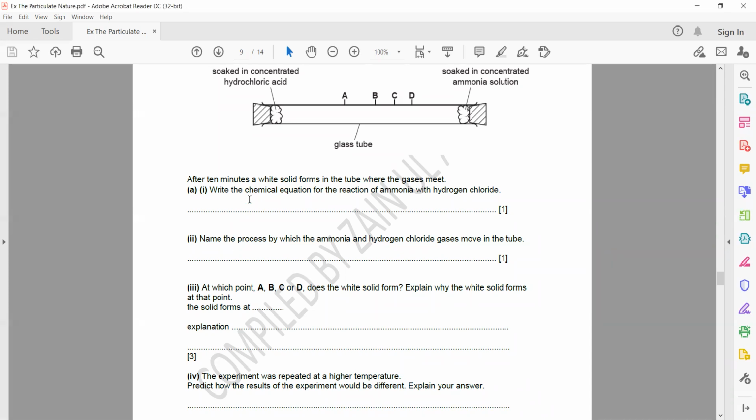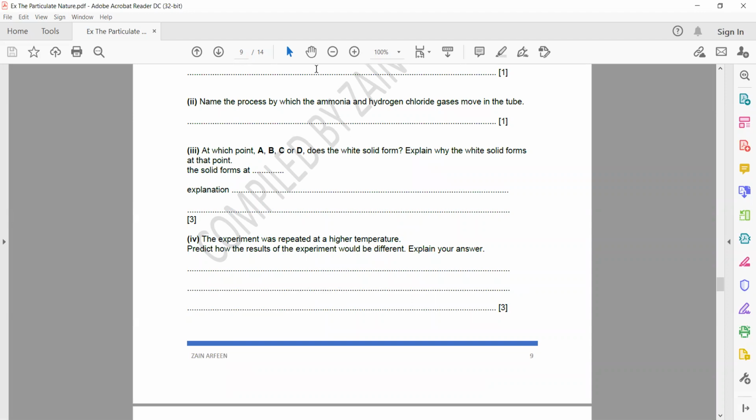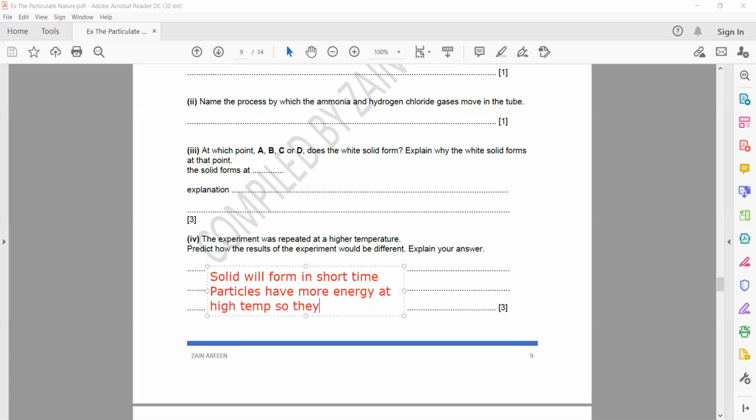So these marks are according to the answer. The first thing you will mention is that the solid will form in a short time. That is one mark. Then, the particles have more energy at high temperature, so they will move faster.